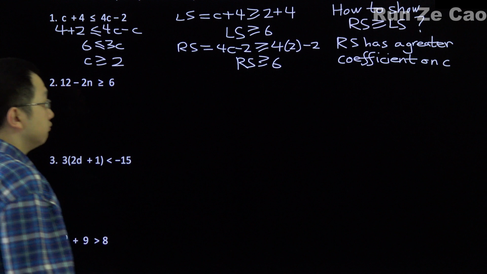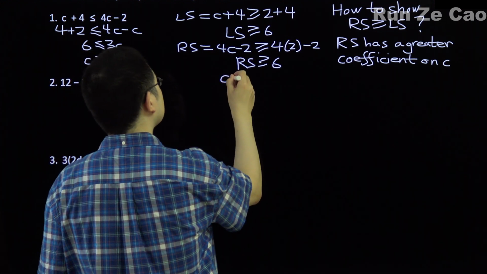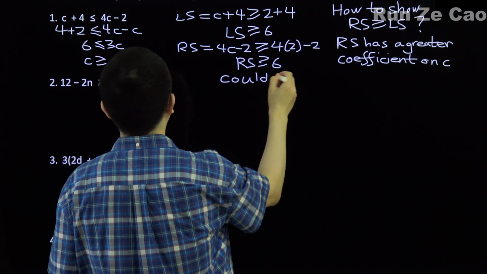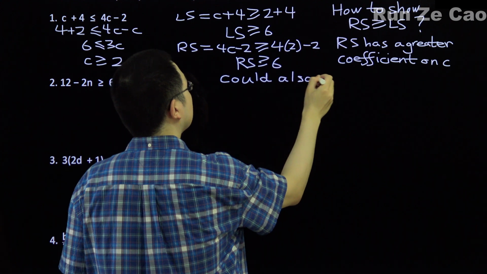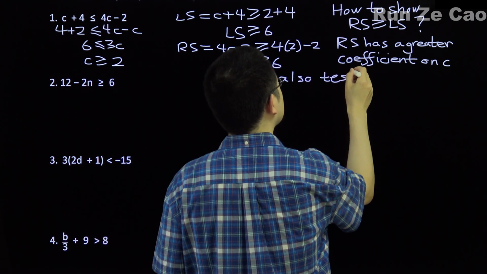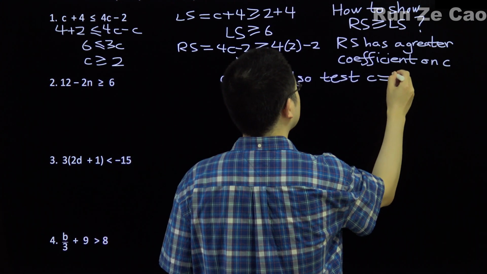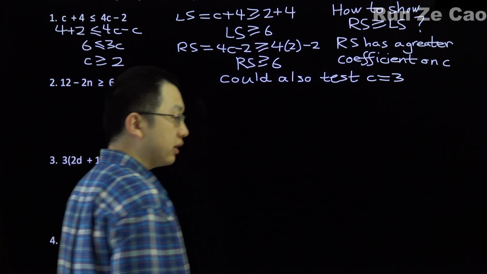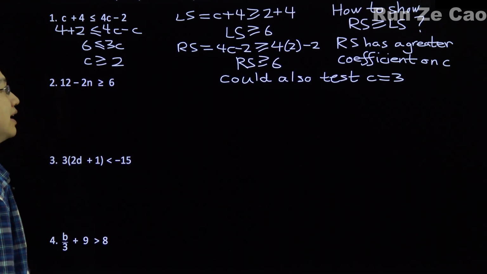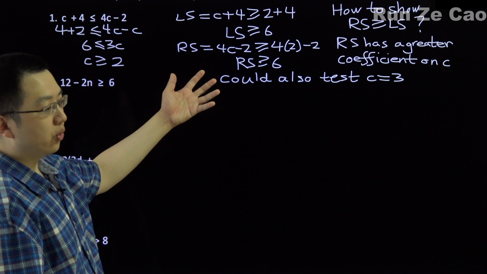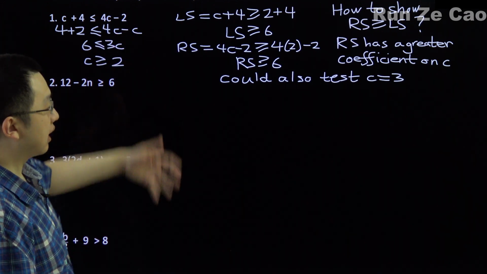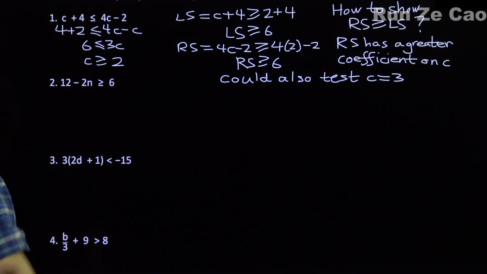You could also test C equals 3, which is a number that's greater than or equal to 2, to show that, oh, right side is greater than left side on this range.